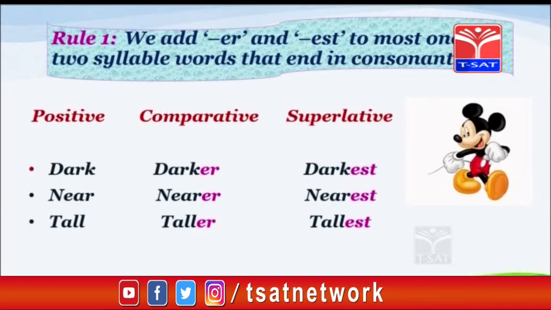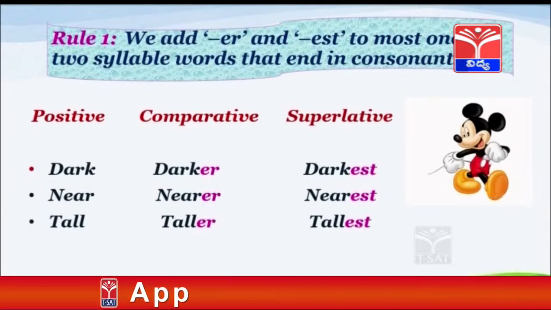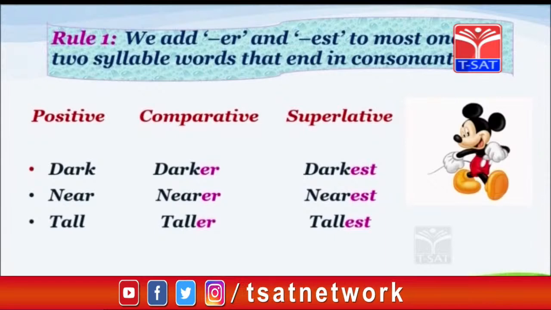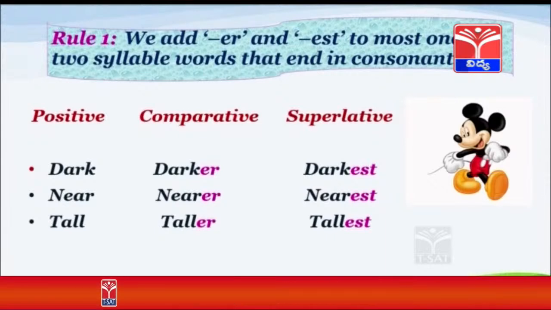In the same manner, the next word, near. So here we have added the letters ER in the comparative degree and EST in the superlative degree. Likewise, the word tall, when it comes to comparative, becomes taller, and when it changes to superlative, it becomes tallest.